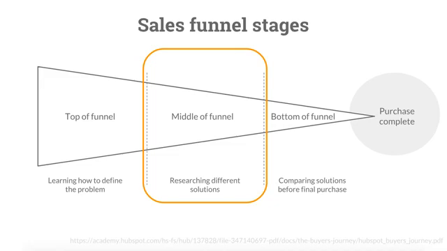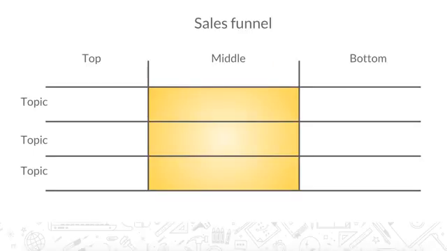They understand industry terms and jargon. They want to make comparisons. They're doing a bit more in-depth research. You'll remember on your matrix, it's these keywords here in the middle of the sales funnel. Could be any topic, but it's in the middle of the funnel.